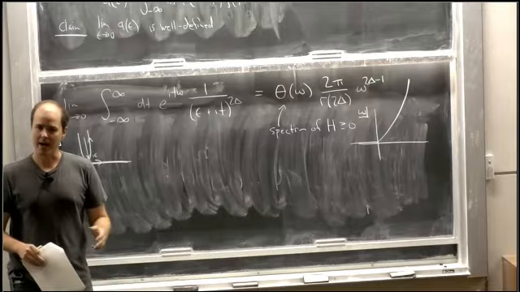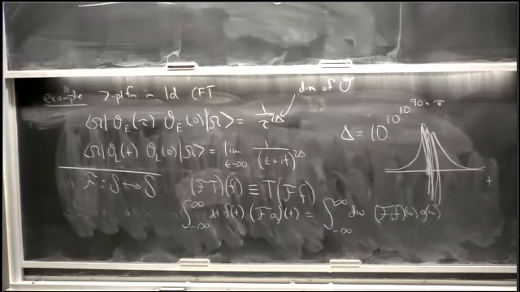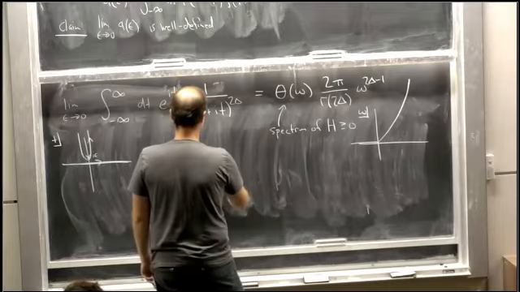And here I'm using the fact that if I tried to integrate this thing against the Schwartz function, I can instead Fourier transform this thing and Fourier transform the Schwartz function. When I Fourier transform the Schwartz function, the result is a Schwartz function. So I end up with an integral of a Schwartz function against this. Let me say it again. We have our 2-point function.